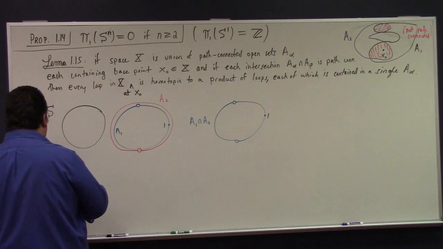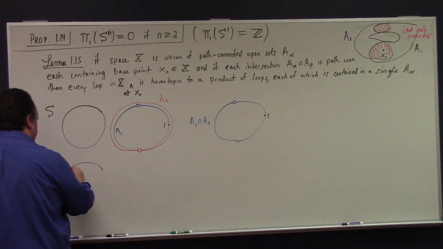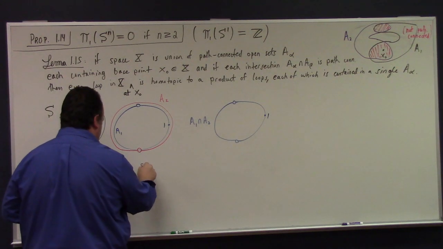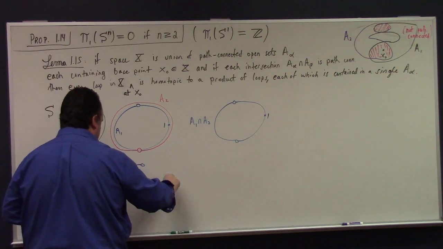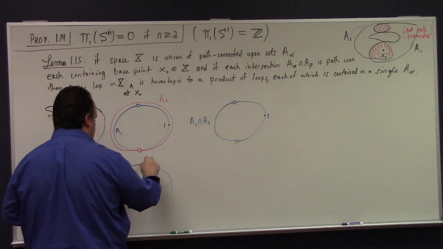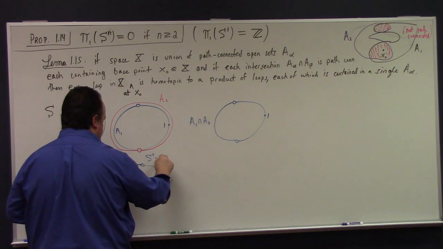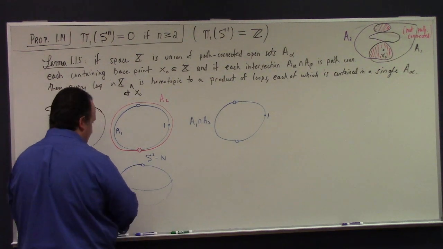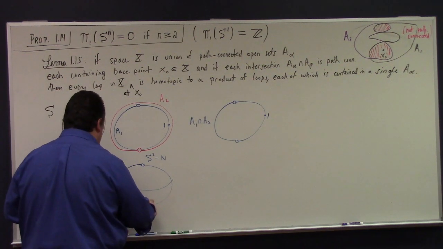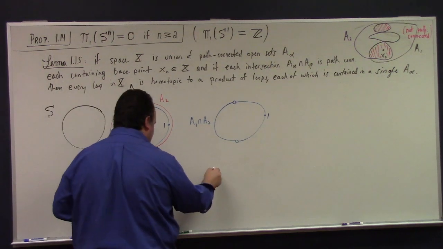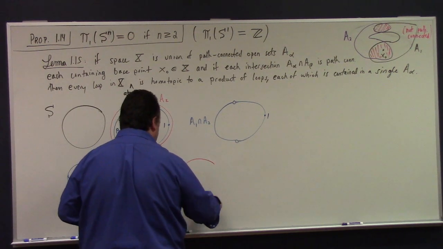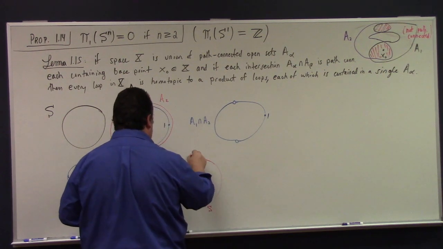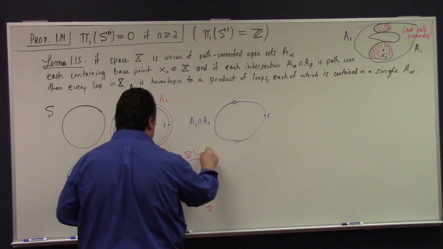if we think about the 2-sphere, on the one hand, S2 minus the North Pole, and then S2 minus the South Pole.